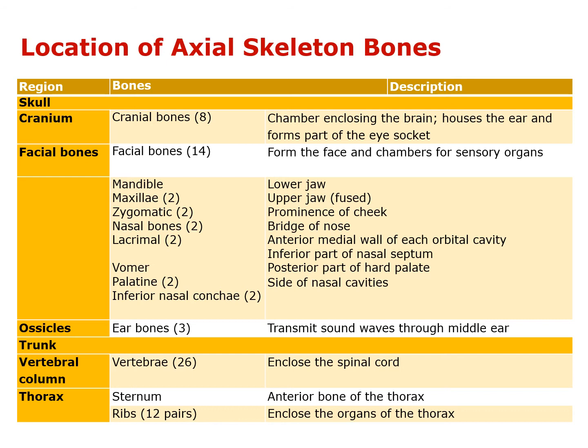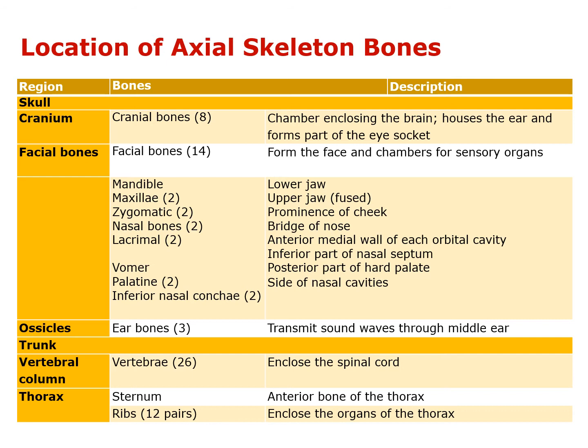The lacrimal bones form the anterior medial wall of each orbital cavity and the inferior part of the nasal septum. The vomer forms the posterior part of the hard palate in your mouth. The palatine bones form the sides of your nasal cavities and your inferior nasal conchae. There are 2 of those.